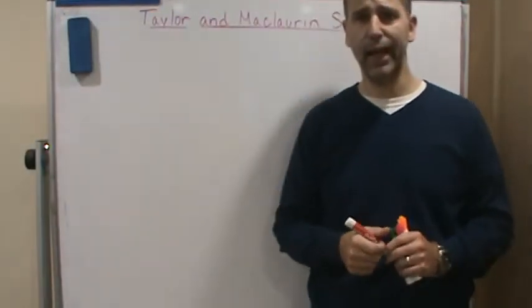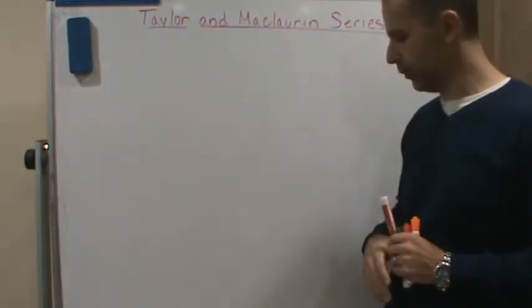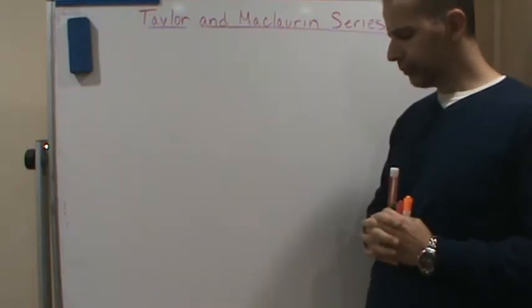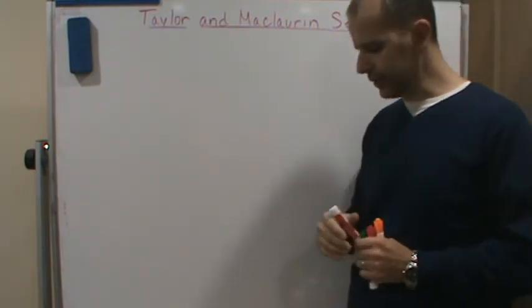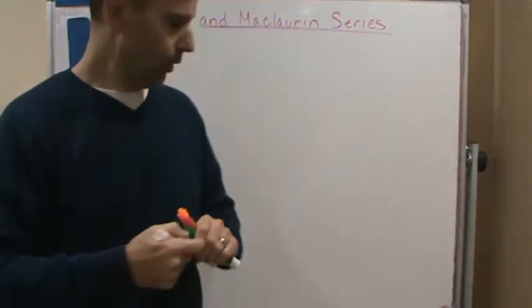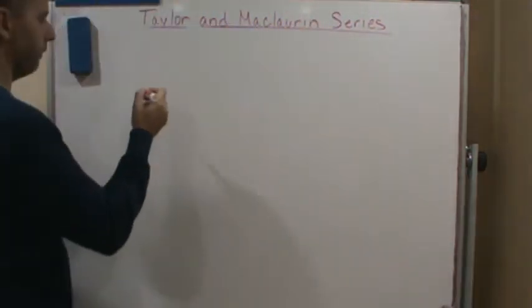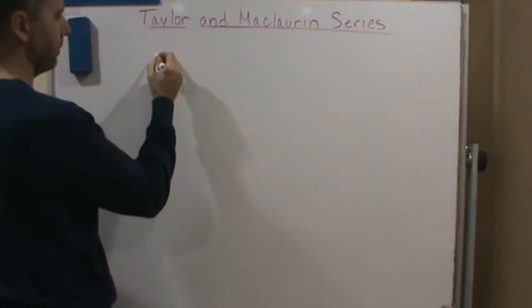Welcome back, and now in this video we're going to talk about the convergence of the Taylor series, because for example in the last video we showed that the series converges.